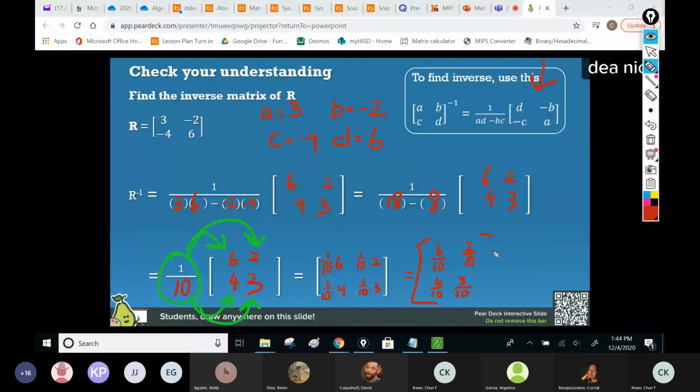And then after that, I want you to simplify the fraction. You can simplify it or you can change it into a decimal. It doesn't matter. So this is your final answer.